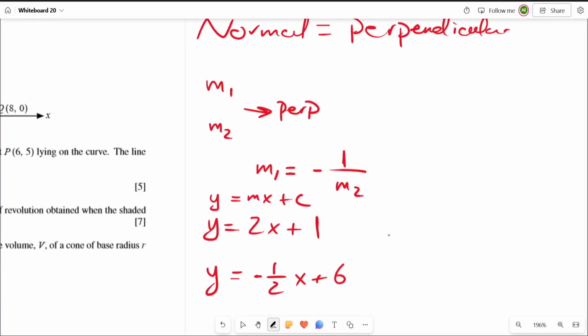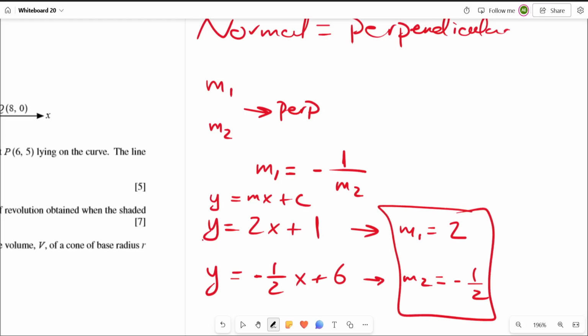Clearly, for line 1, m1 equals 2. For line 2, the slope m is negative 1 over 2. They are negative reciprocals of each other, which means that these two lines are perpendicular.